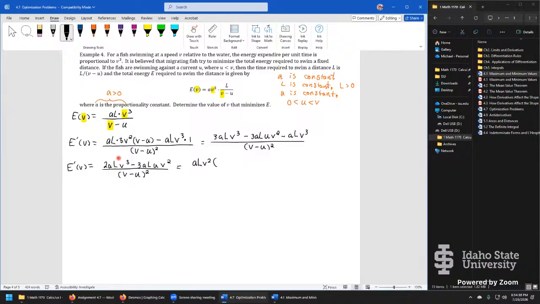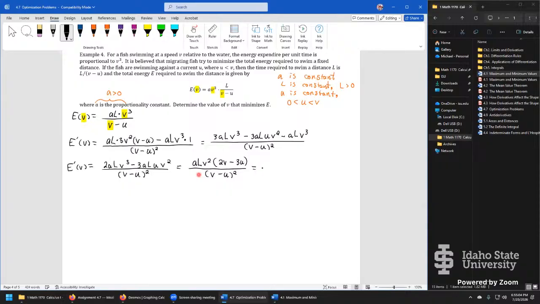That'll divide out ALv squared where the red dot is, just leaving 2v, much easier to look at. Factor out ALv squared from this one, and it leaves negative 3u, all divided by (v minus u) squared. So that's the derivative in its most simplified form.